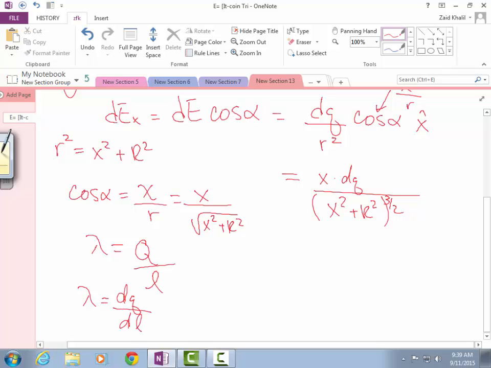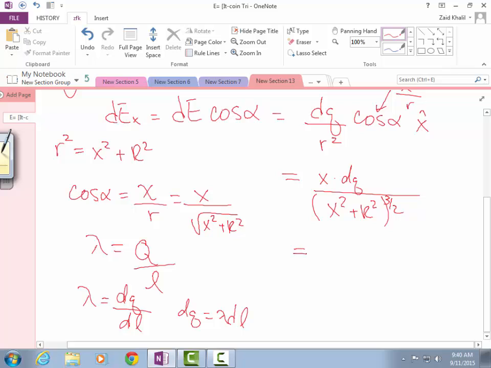And why am I using dl? Because what is the length with which charge is being summed over? Meaning which length am I summing it over? The arc length of this, or the circumference. So therefore, if I told you that this thing has uniform charge density lambda, then we replace dq with lambda dl.